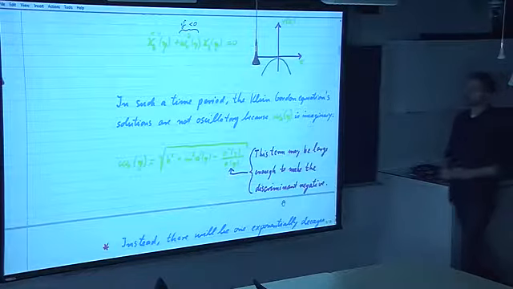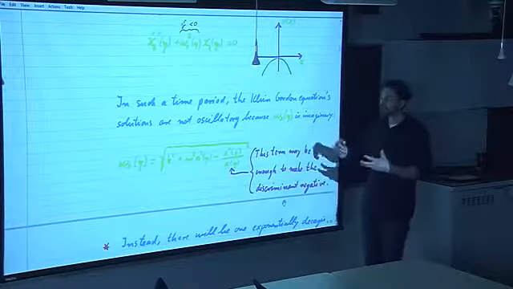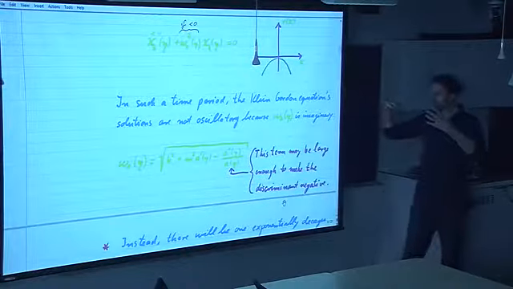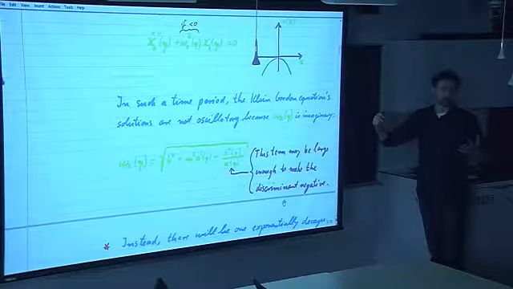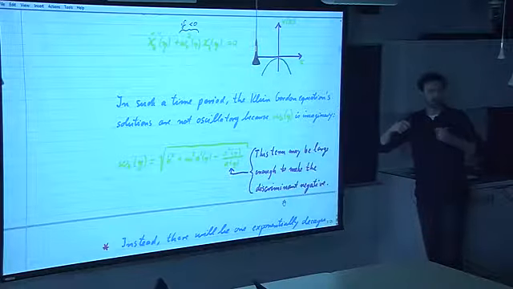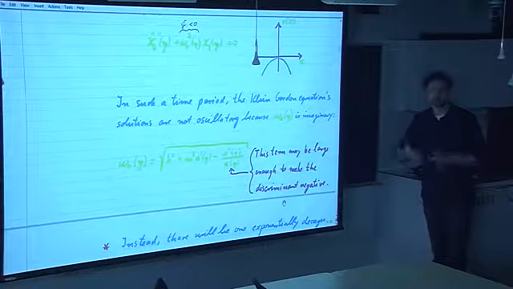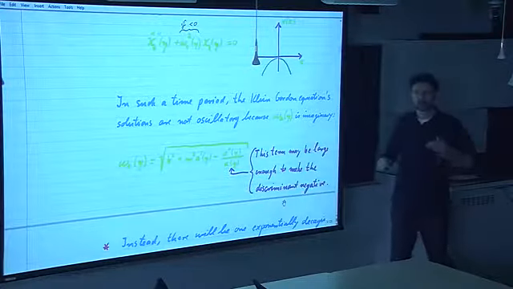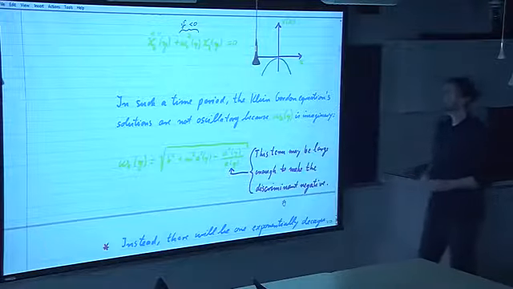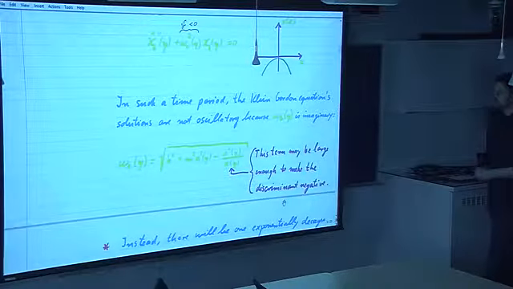Instead, we would have one exponentially decaying and one exponentially increasing solution. Instead of having a sine, a cosine, a positive frequency and a negative frequency oscillation, we would have exponential increase and exponential decrease for the solutions.